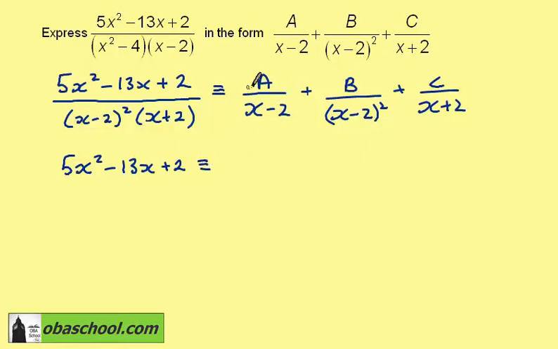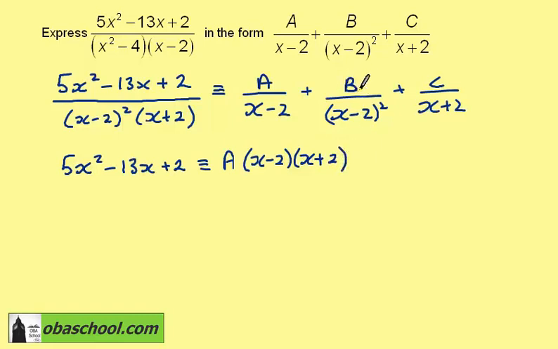If we now do it to this term, the x − 2 here will cancel with one of the x − 2 here, leaving us with a times the other x − 2 and the x + 2.